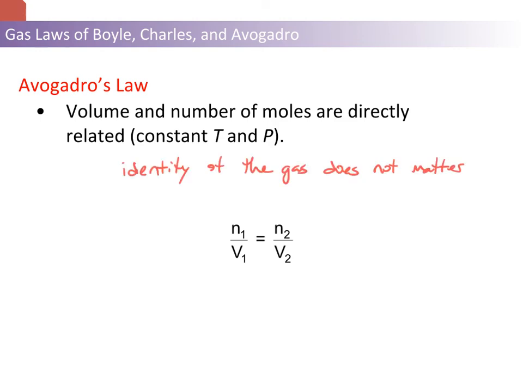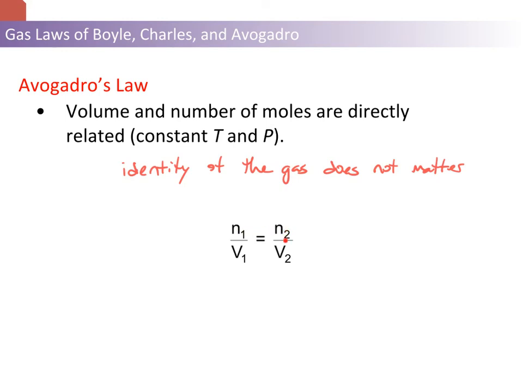So it doesn't matter if you're talking about a sample of hydrogen or a sample of carbon dioxide. The number of moles and the volume of that gas are related in this way. The more moles you have, the more volume you have. That seems to make sense. Assuming you keep the temperature and pressure constant, let's say you take a volume of gas with a set number of moles, and then you somehow introduce more moles of the gas.